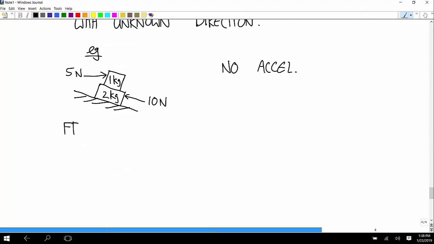Then a free body diagram of the 1 kilogram. There's a weight force down of 1 times 9.81. There's the horizontal 5 newton force.